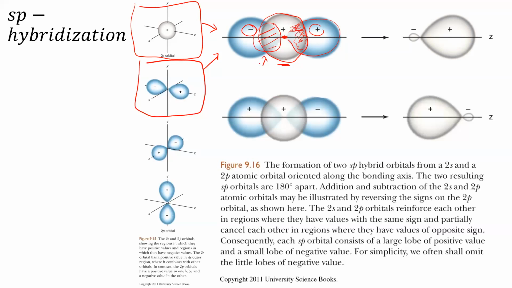So here on the left side, you get destructive interference, and on the right side, you get constructive interference. And so if you add those two wave functions together in that way, you wind up with a new wave function that is what's called an sp hybrid orbital wave function.